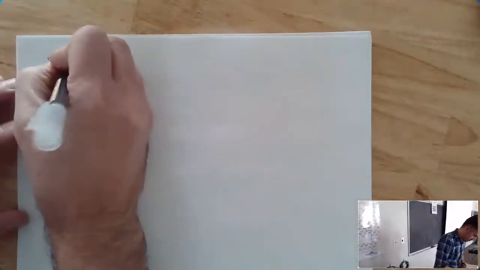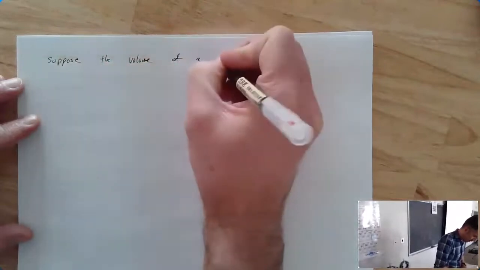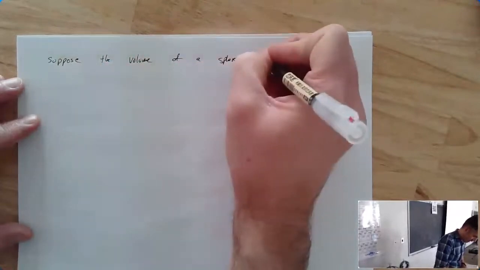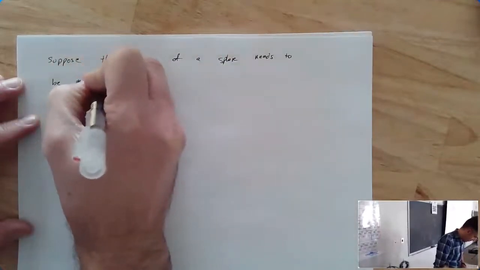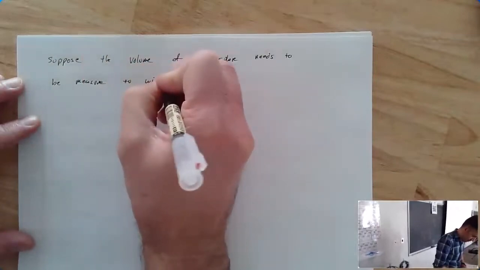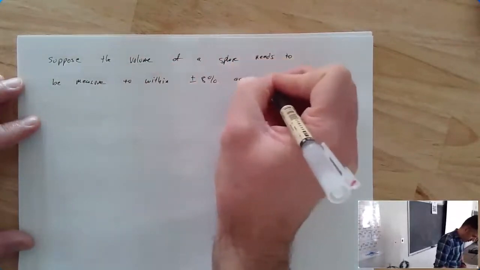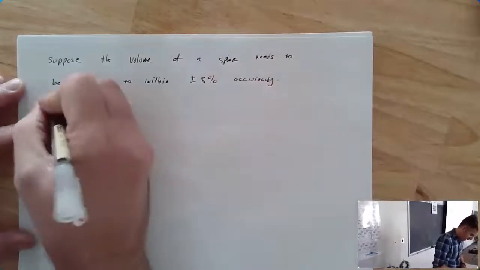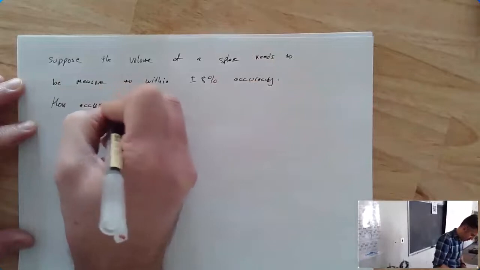Suppose the volume of a sphere needs to be measured to within plus or minus 8% accuracy. How accurate does our measurement of the radius need to be to ensure this?